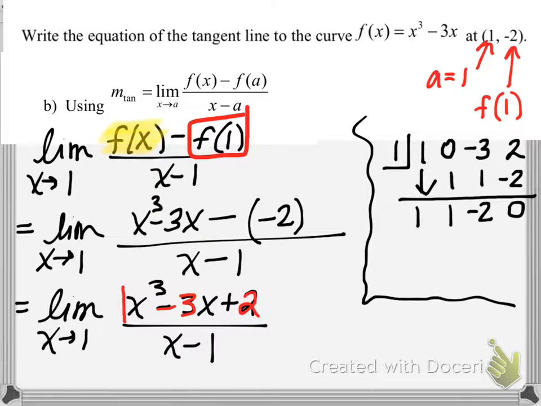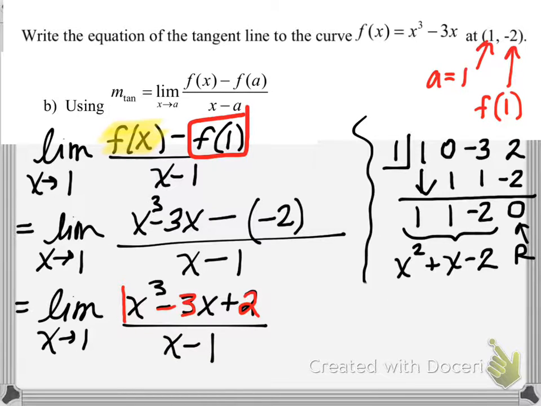Add straight down. And my result here, this 1, 1, negative 2, these are the coefficients of my quotient, essentially, which would be x squared plus x minus 2. And the 0 at the end, remember, that is your remainder. That tells us that x minus 1 divides in evenly. So I'm going to rewrite this.